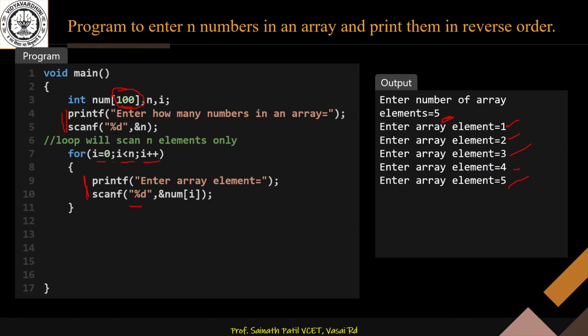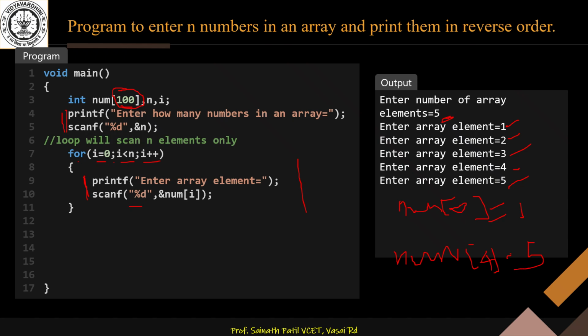These 5 numbers I entered after execution of this loop. So numbers will be stored like num of 0 will have 1, and num of 4, the last element, in square bracket, number 5 will be stored.